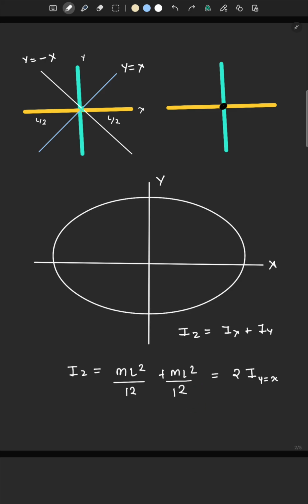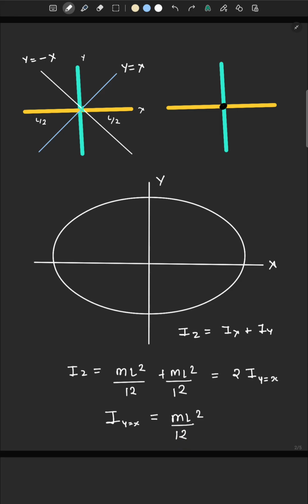Now Ix and Iy, these two are going to be equal, so Iz is two times the moment of inertia about the line y equals x. So from here you can get that the moment of inertia about the line y equals x is going to be ml square by 12. These are 2, this is 2, so for 1 it is ml square by 12.